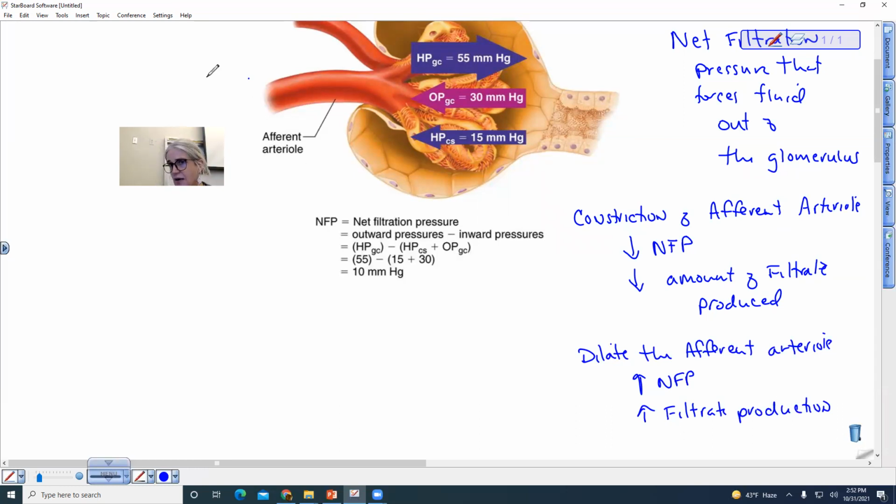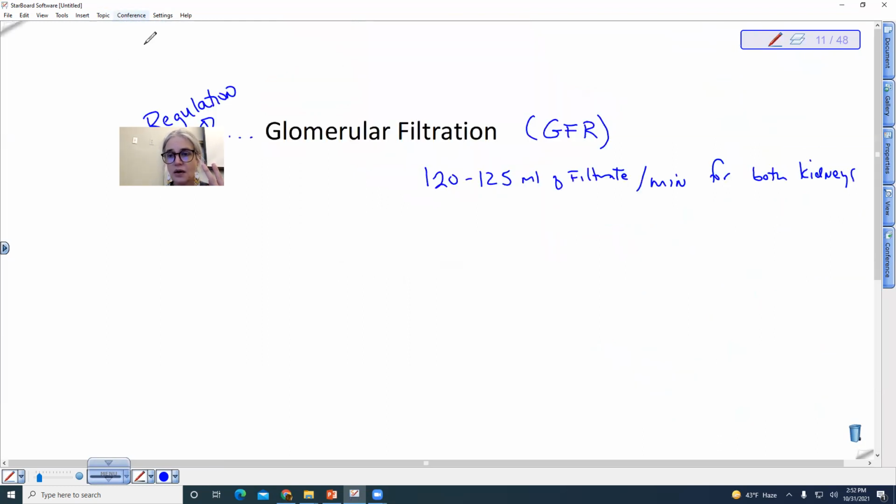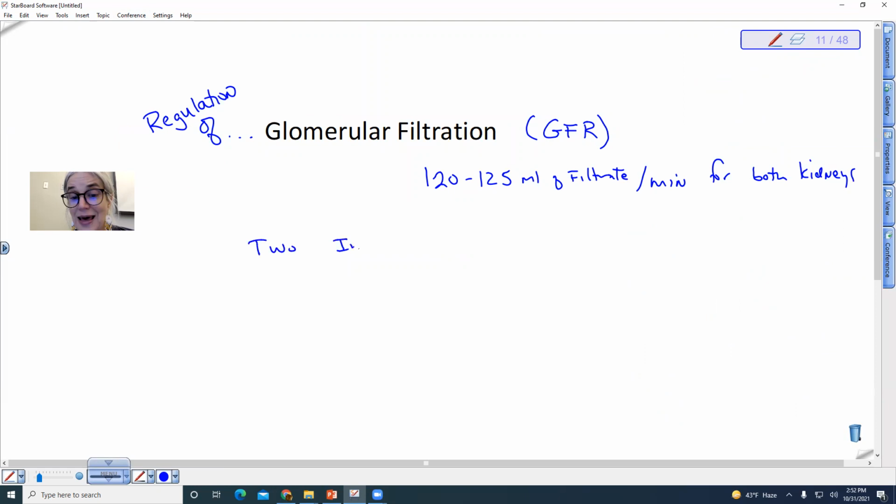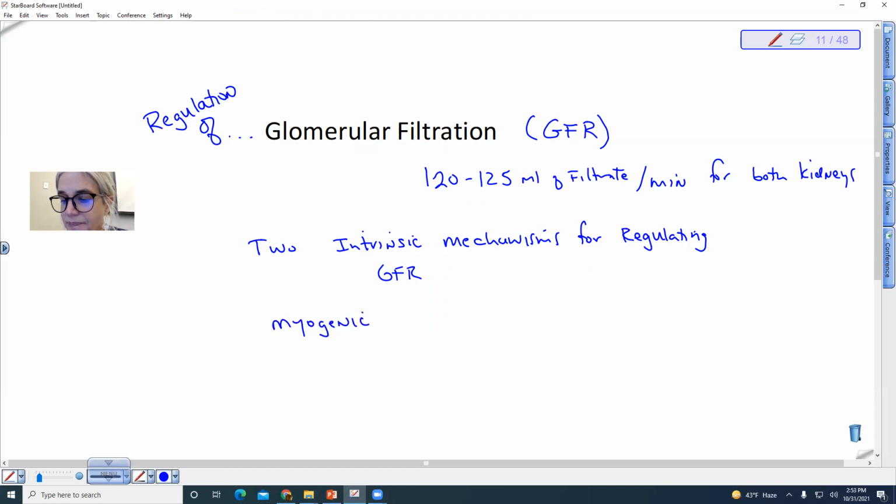So let's look at what are referred to as the two intrinsic mechanisms for regulating GFR. Intrinsic means it's inside, right there inside the kidney. One of them is called the myogenic mechanism.